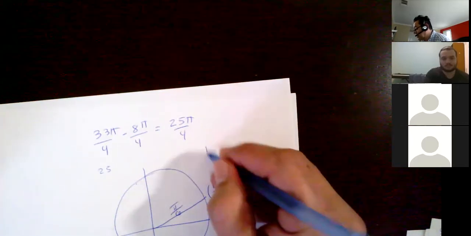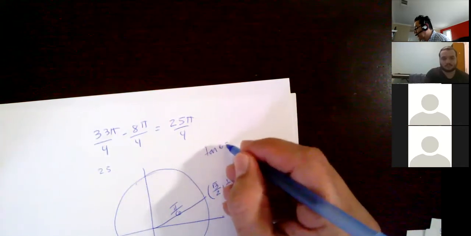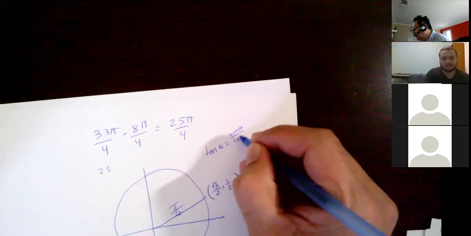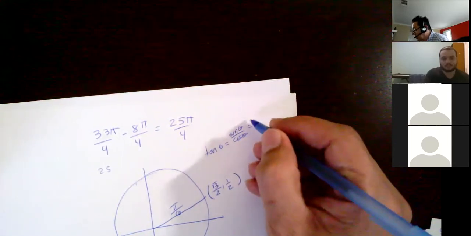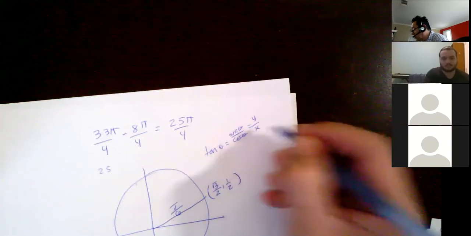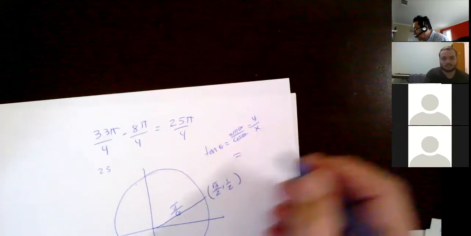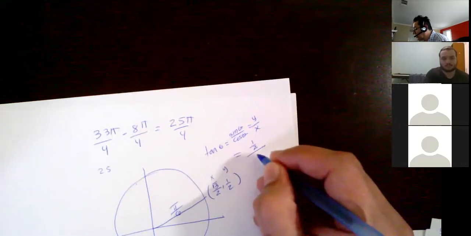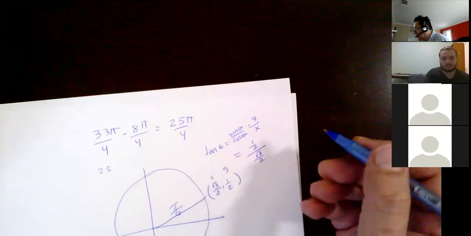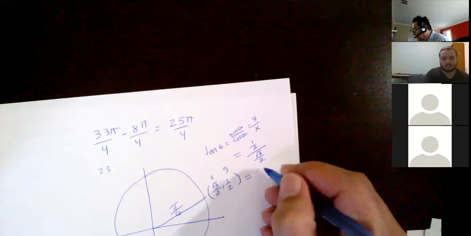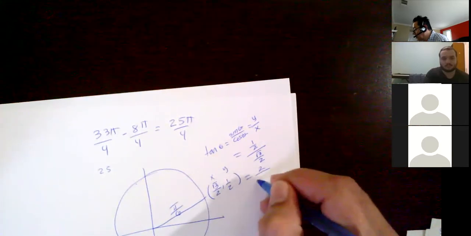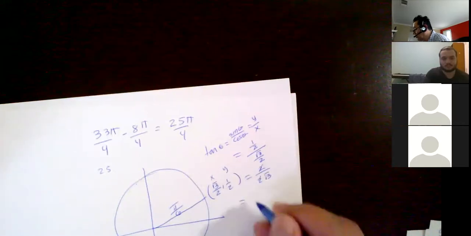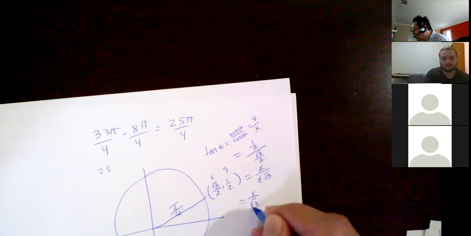Remember that tangent of theta is sine of theta over cosine of theta, or the same as y over x. What is y over x? Well, this is x, this is y. This is 1/2 divided by square root of 3 divided by 2. What is that? Well, that equals 2 over 2 square root of 3, which leaves you with 1 over square root of 3.